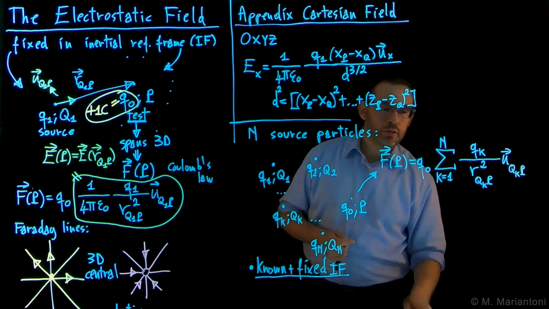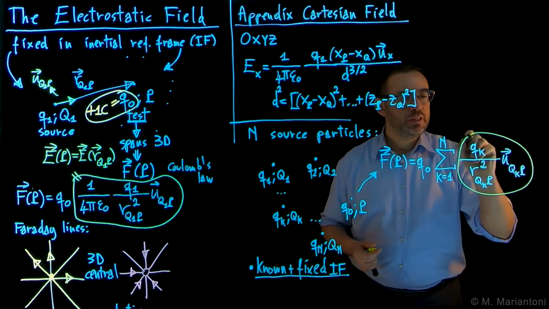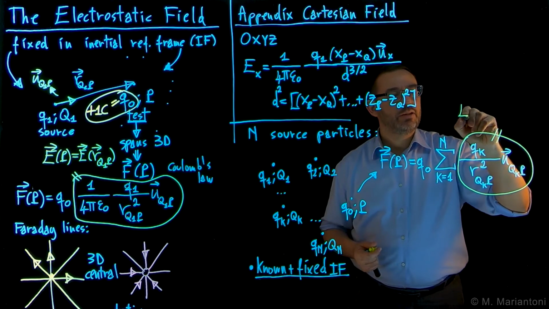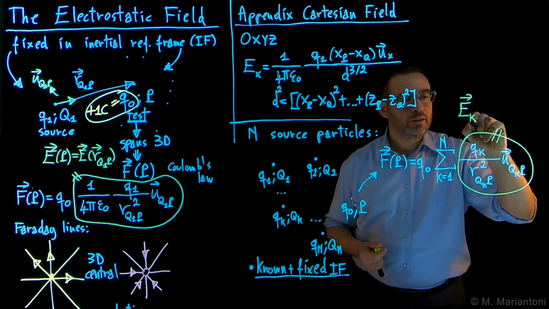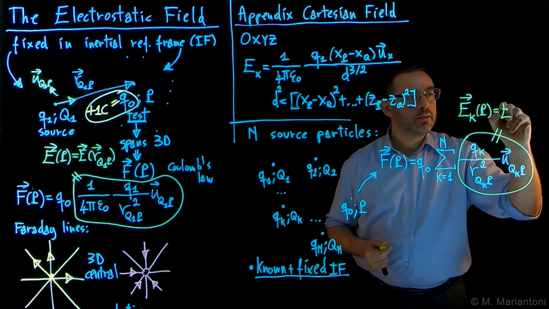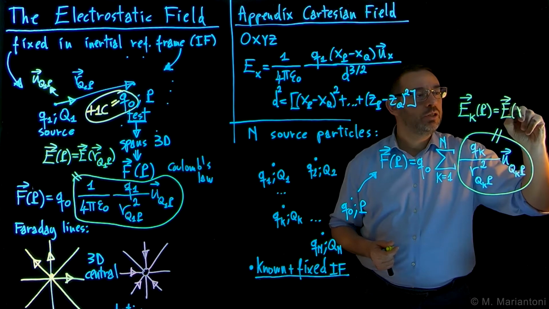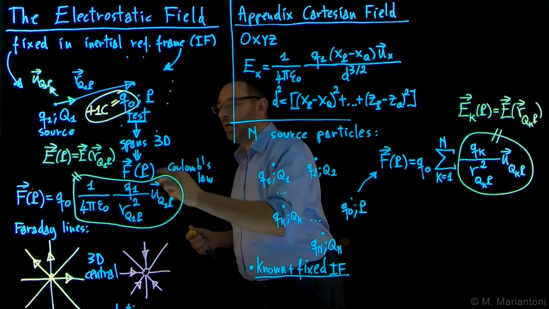Now in this case, we can define the quantity which I'm circling in yellow. This quantity, we define it as the electrostatic field E due to the kth particle at point capital P, which we can also rewrite as the field E at the position r, qk vector, similarly to what we've done here.